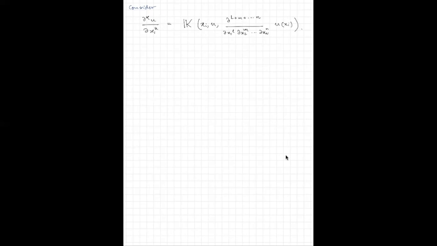So l here is less than k, and l plus m plus dot dot dot plus n is less than or equal to k. And finally, K is not necessarily a linear function of its arguments.